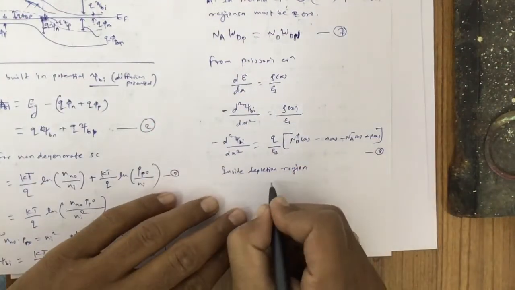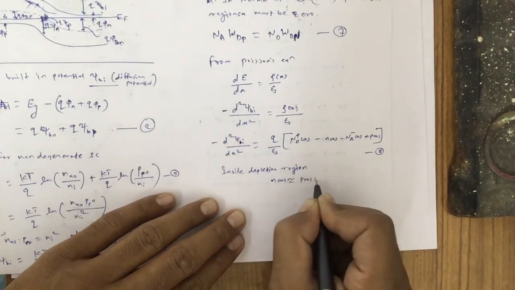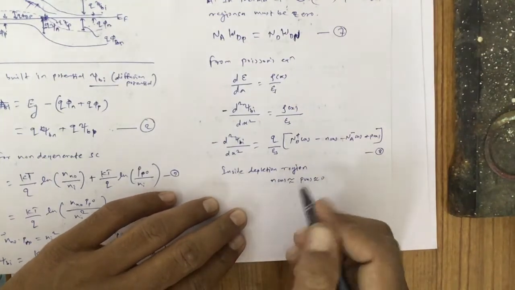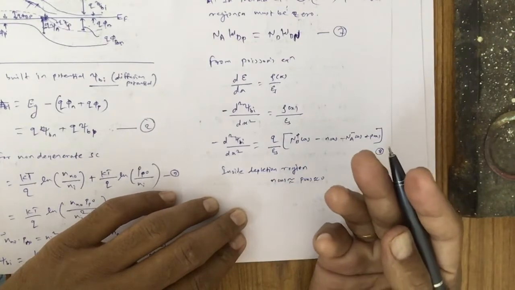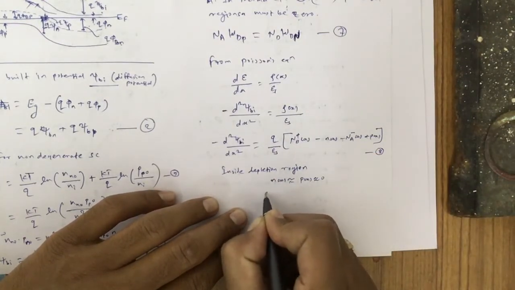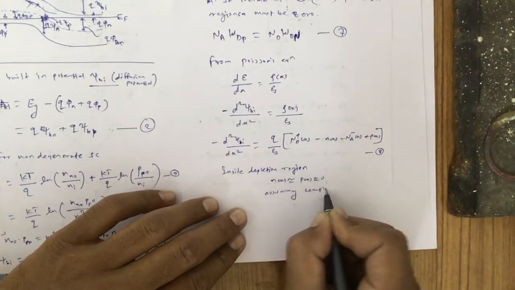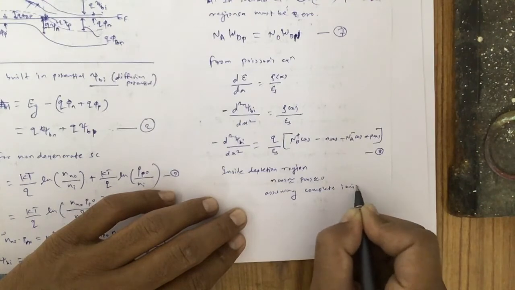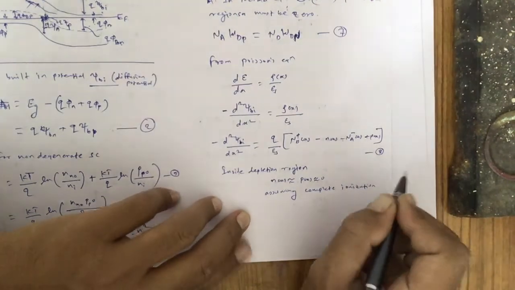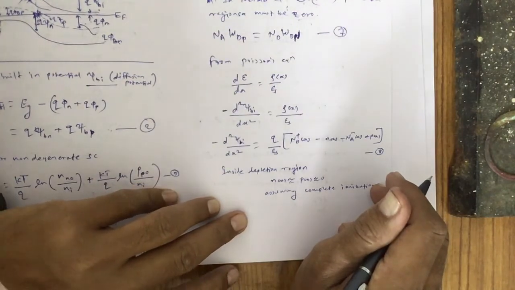So n of x is almost equal to p of x, which must be 0, because this is something like a complete ionization. Here we are assuming the complete ionization.